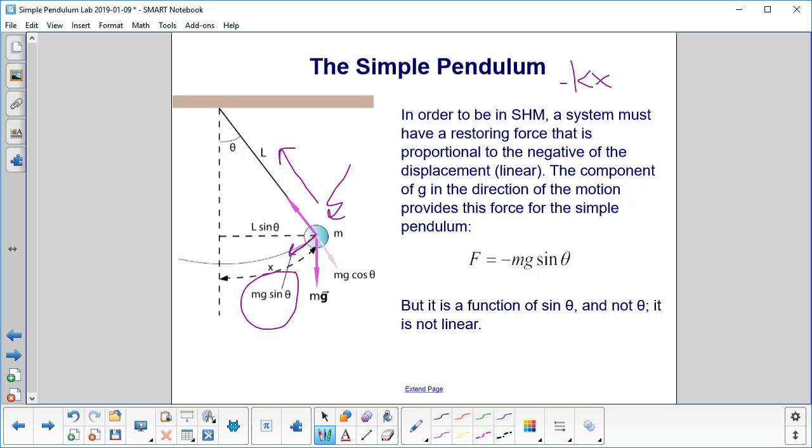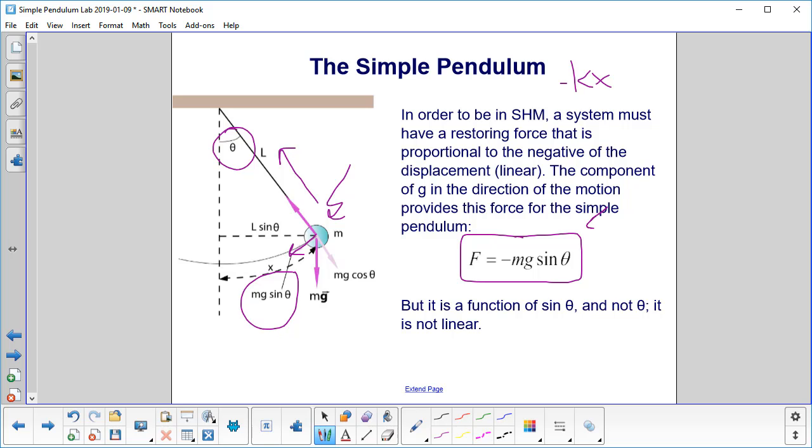You may not be covering that in algebra-based physics. So let's just put that there, and then say that the force that's restoring us is minus mg sine theta. Again, this is a little above algebra-based physics, but let's just present the material here to show our results.